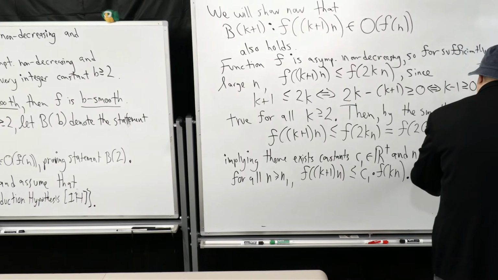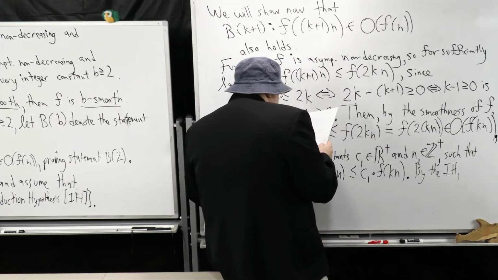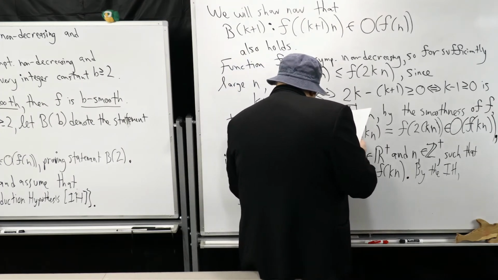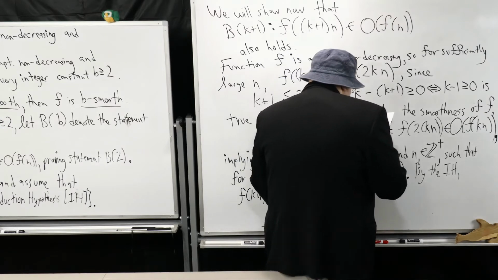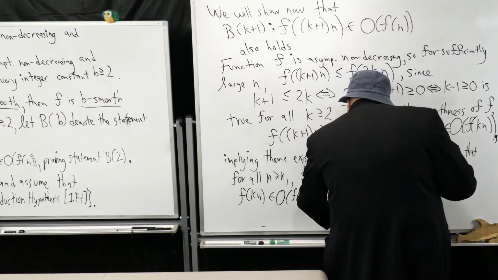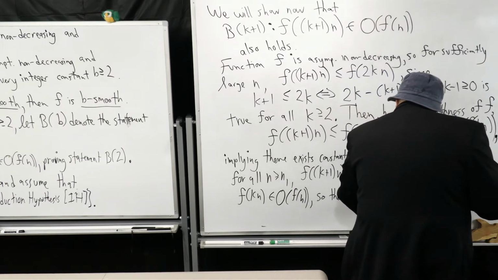By the induction hypothesis, we know already that f of k times n is big O of f of n. So there exist constants.